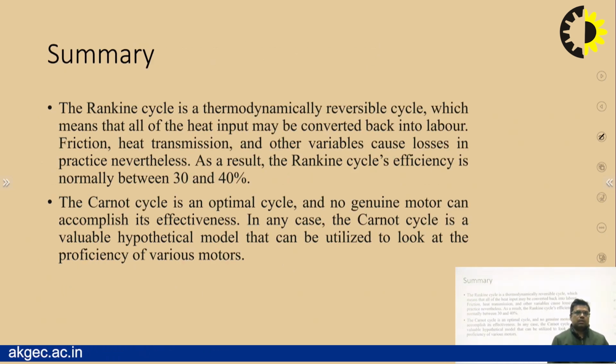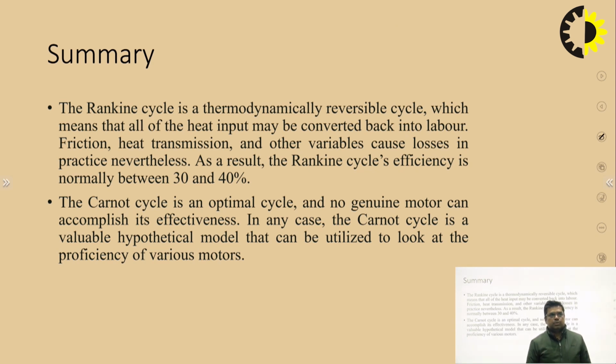So with that, the summary of these two engines: the Rankine cycle is a thermodynamically irreversible cycle, which means that not all the heat input may be converted back into work, and friction, heat transmission, and other variable causes lead to losses in practice.